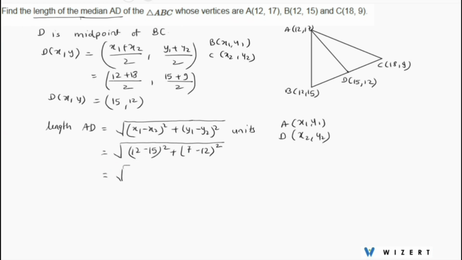So this is equal to 12 minus 15 is minus 3, minus 3 whole square is 9, plus 17 minus 12 is 5, 5 whole square is 25. So we get the square root of 34. So we get the length of AD as square root 34 units.